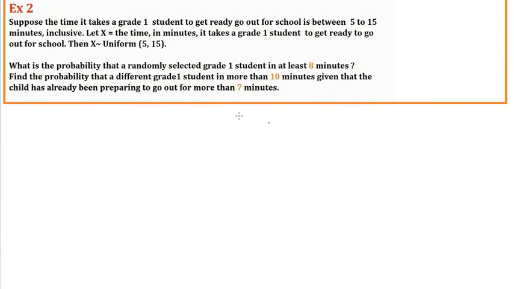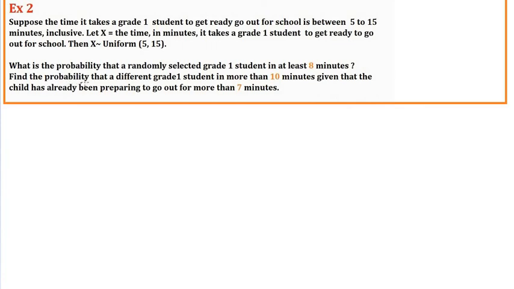Suppose the time it takes a grade 1 student to get ready to go out for school is between 5 and 15 minutes, inclusive. Let x be the time in minutes it takes a grade 1 student to get ready to go out for school. Then x is uniform on 5, 15, supported from the 5th minute to the 15th minute.